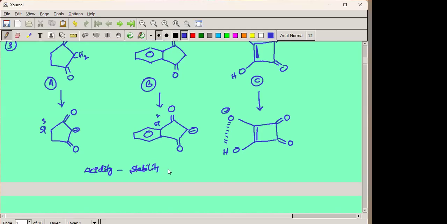Yes, sir. Stability of intermediate, already well known to us. If the formed anion is more stable, its acidity is more. Right? Acidity is directly proportional to stability of intermediate.